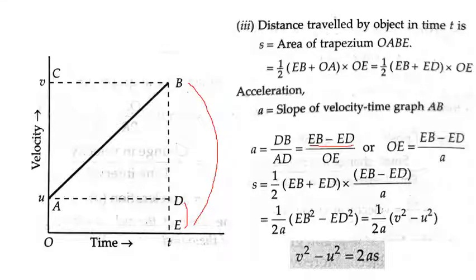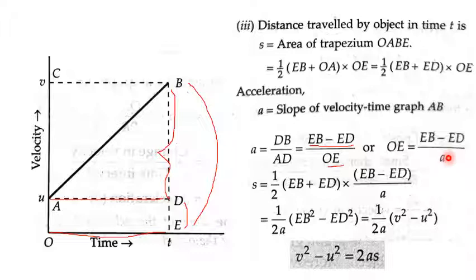So this represents your dB. Fine. Next, instead of AD, I can write OE because they are of the same length. So I have written OE. On simplifying further, I can send this OE here and this a to the denominator. So I can write OE equals EB minus ED divided by a.